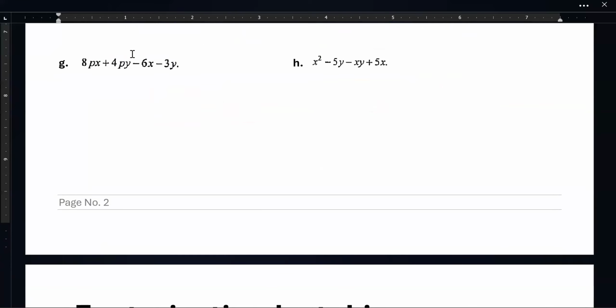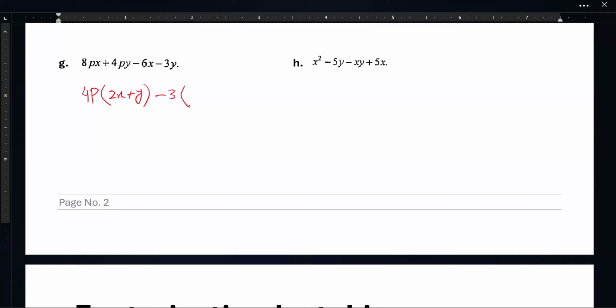Yes, as you can see, something is common, and what is common here? It is 4p as common. What we have now inside is 2x plus y as a residue, and inside the second two terms I can see minus as common.